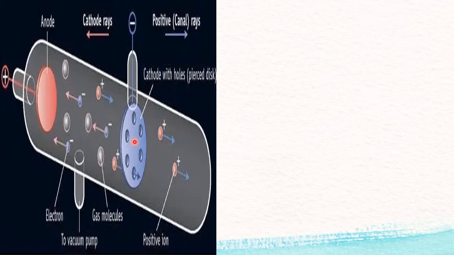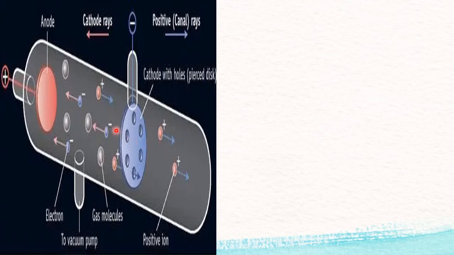Now, this is a slight modification of the cathode. What modification? Here he has made perforations, holes, so that whatever rays are formed are allowed to move in a systematic, disciplined way. That was his arrangement, so that whatever rays come to this side, he can study.